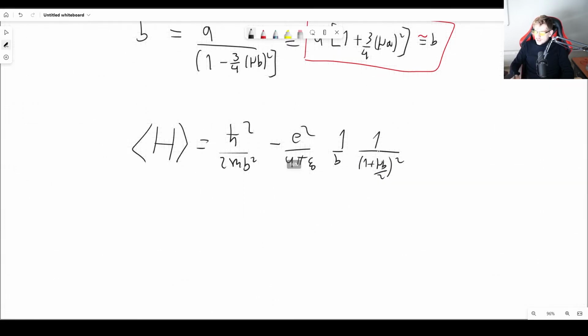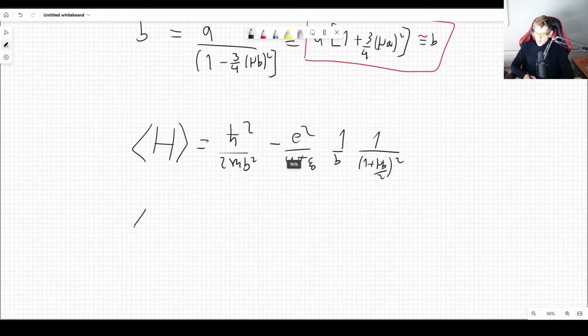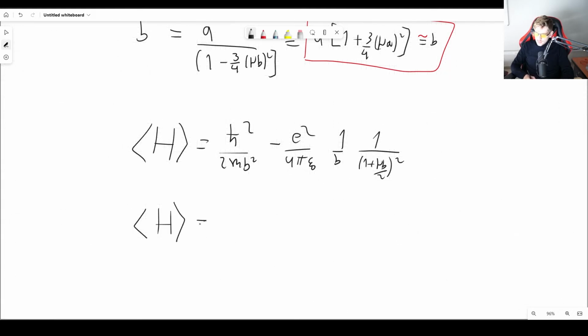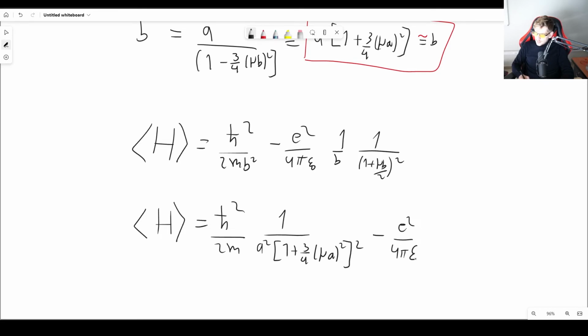Okay, so now let's plug in the value for b. So the expectation value of h, now that we have found the minimized b, right? That's what we're doing. 2m, and now 1 over b squared. So 1 over a squared times 1 plus 3 over 4 mu a squared, squared, minus e squared over 4 pi epsilon 0.